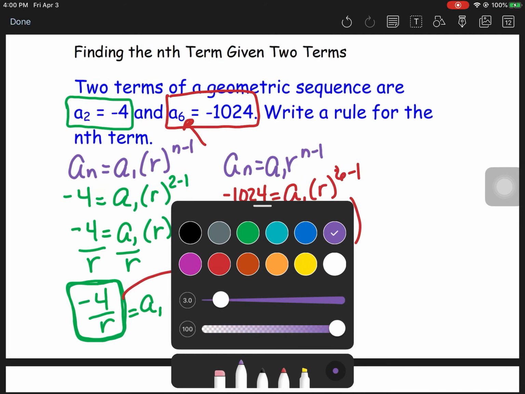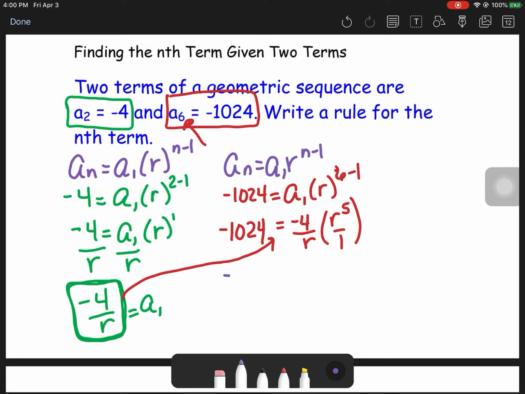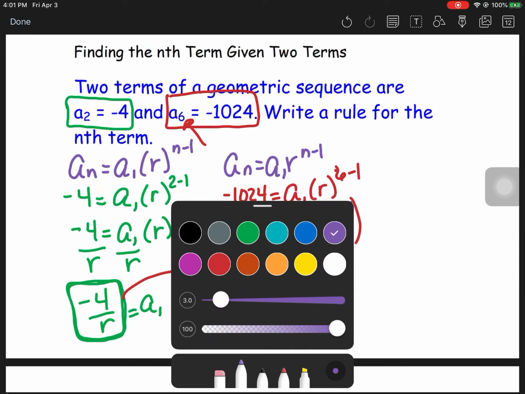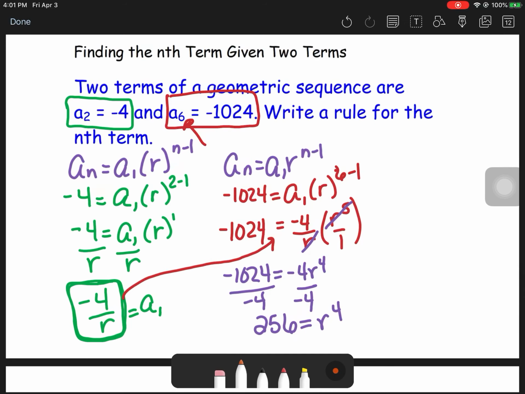So what I'll do, if you remember from our last unit, -1024 is equal to, the r's will simplify, so we have -4 r to the 4th power. Divide both sides by -4, so we get 256 equals r to the 4th power. To find what our r is, remember we're going to do the opposite, which is we're going to take the fourth root. You can do that on your calculator.